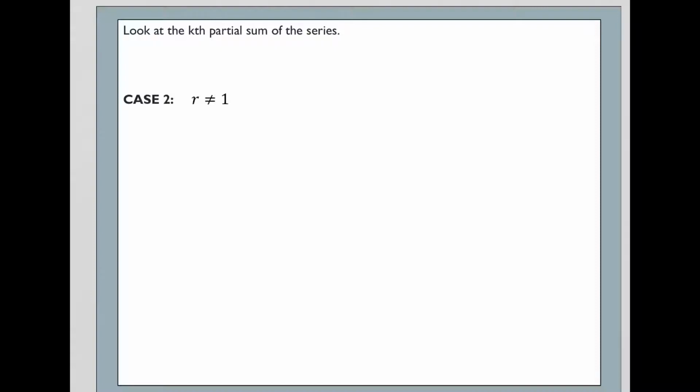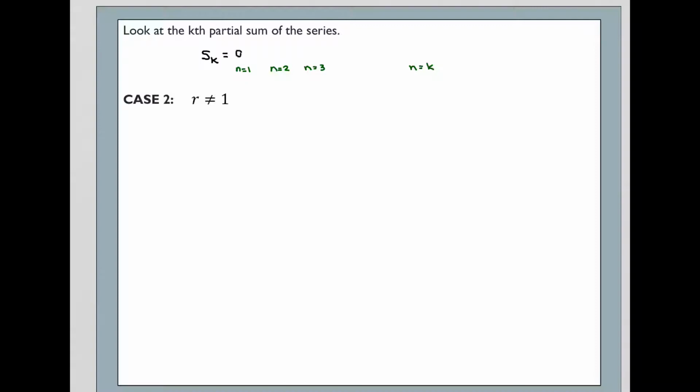Well, let's start by looking at the kth partial sum of the series again. Let's remember, we're looking at a geometric series, and the kth partial sum consists of the sum of the first k terms. So we're looking at when n is 1 and n is 2, all the way up to when n is k, and we're adding up these terms together. And so what was that expression again? Let's write that down.